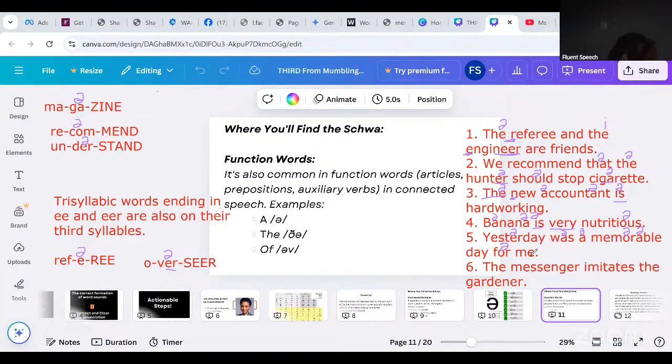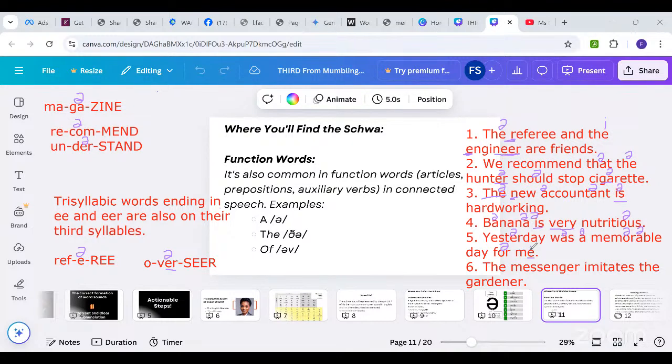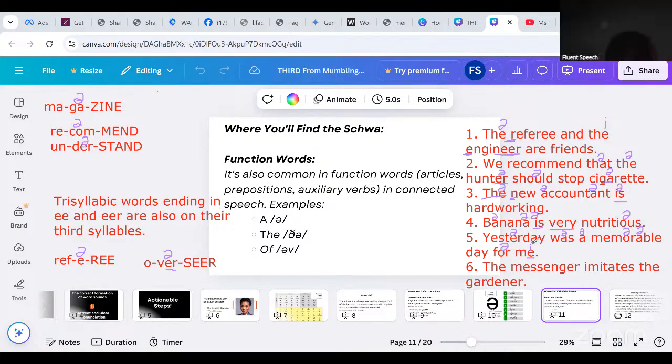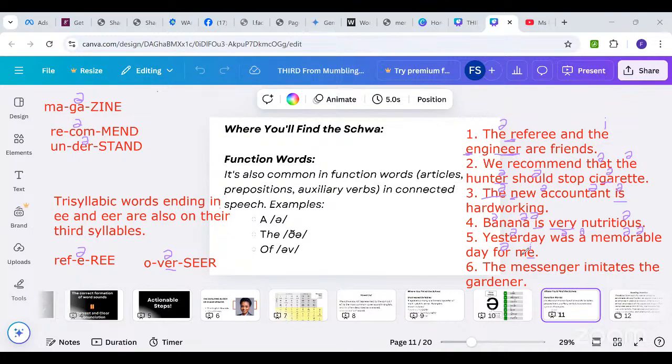"Me" is also a function word, but with "me", the vowel here changes into an "ee" instead of a schwa. But it is a function word, even though it's not changing into a schwa. So instead of saying "me", you say "mi".